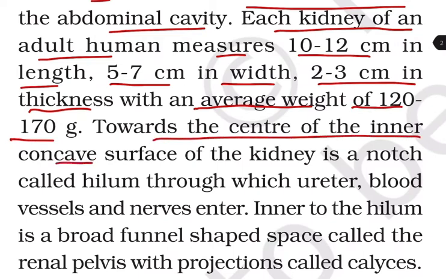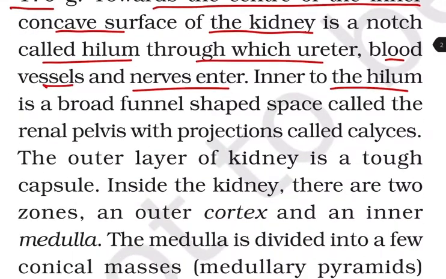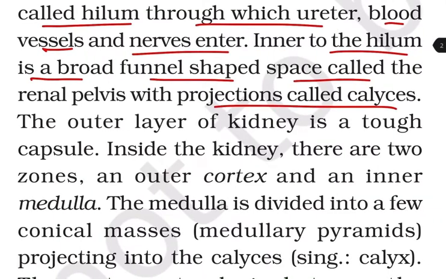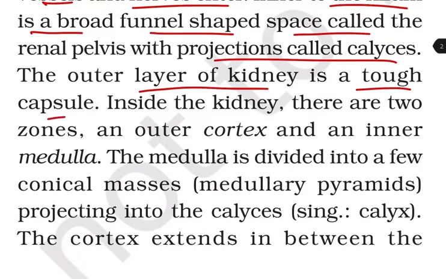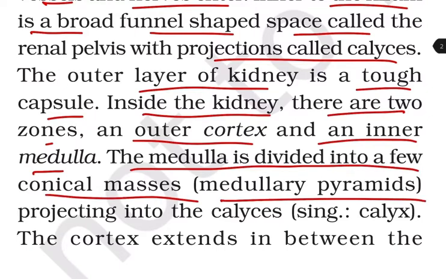Towards the center of the inner concave surface of the kidney is a notch called the hilum, through which the ureter, blood vessels, and nerves enter. Inner to the hilum is a broad funnel-shaped space called the renal pelvis, with projections called calyces. The outer layer of the kidney is a tough capsule. Inside the kidney there are two zones, an outer cortex and an inner medulla. The medulla is divided into a few conical masses, the medullary pyramids, projecting into the calyces, singular calyx.